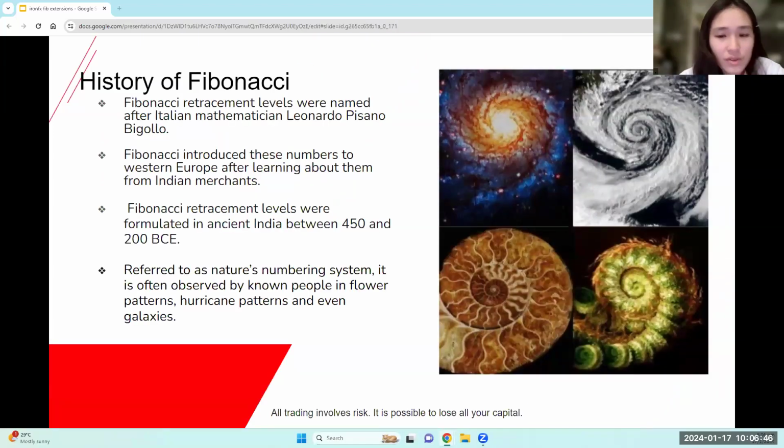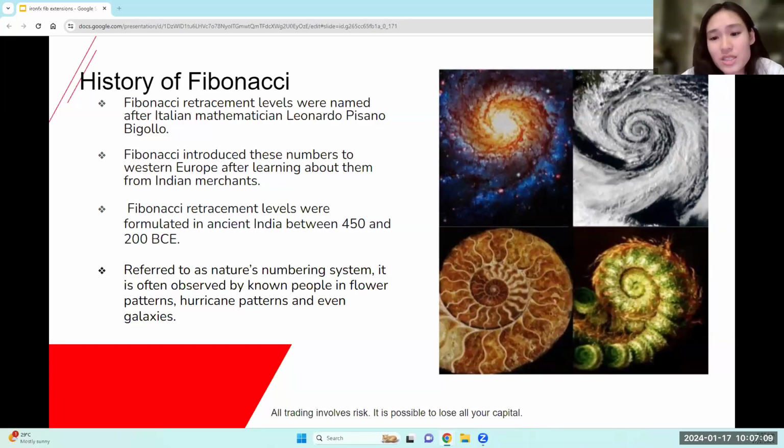So starting off with a quick history lesson on the origins of Fibonacci. Fibonacci retracement levels were named after Italian mathematician Leonardo Pisano Bigolo, who was famously known as Leonardo Fibonacci. However, he did not create the Fibonacci sequence.